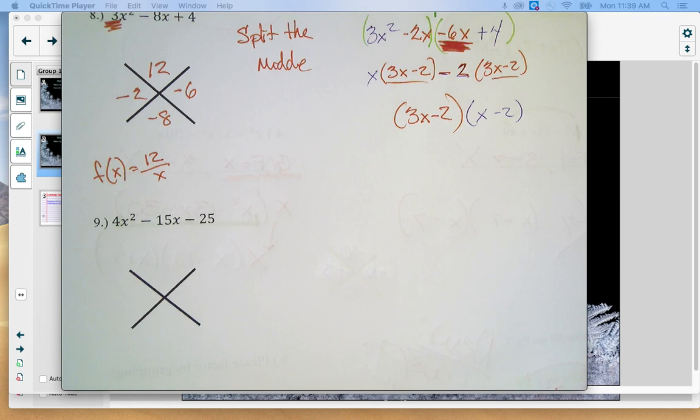I would use that calculator strategy if you don't know. So I should see that top number under a new graph divided by x.